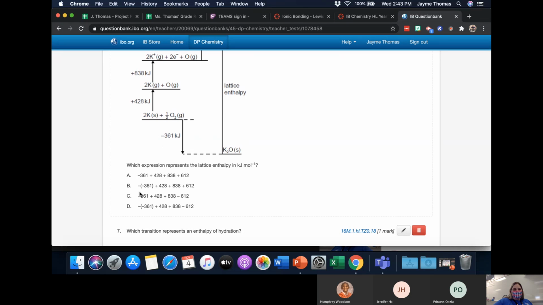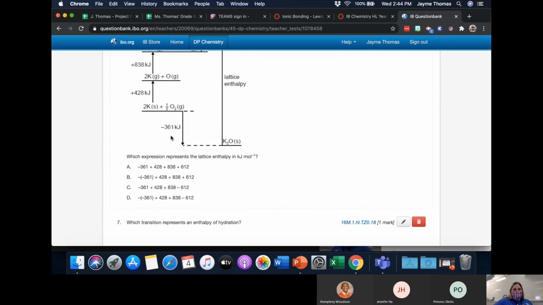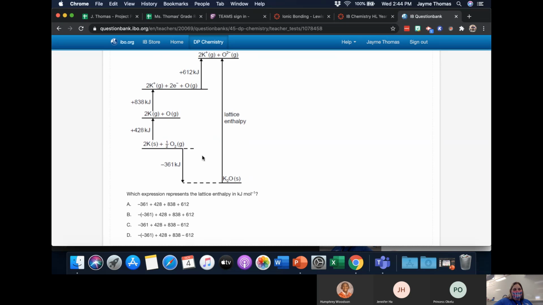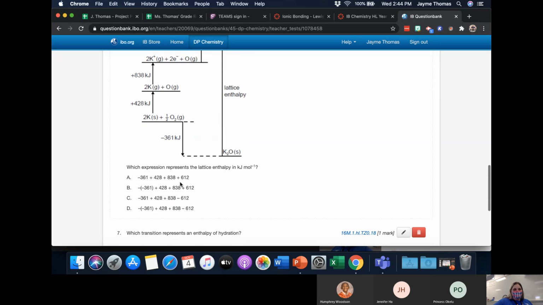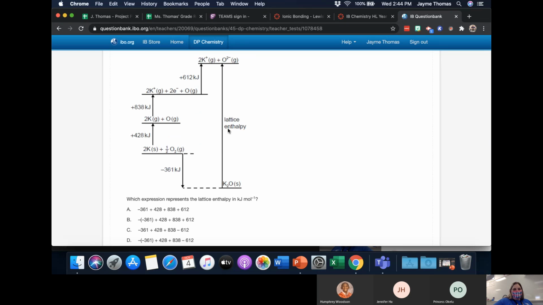So the setup would look like letter B here. And the reason is because, again, all these are positive because they're all endothermic. This one is enthalpies of formation or exothermic. So since I'm going for the lattice enthalpy, I have to subtract because it's a negative, and really I want to add it, because remember in math, when I subtract a negative, it becomes positive. So if I add all those together, that's going to tell me the lattice enthalpy.